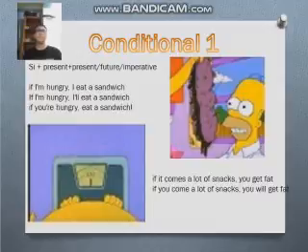A second conditional can also speak of purely hypothetical situations about the present. If I were taller, I'd be a professional basketball player. In fact, I'm only 5 feet tall.